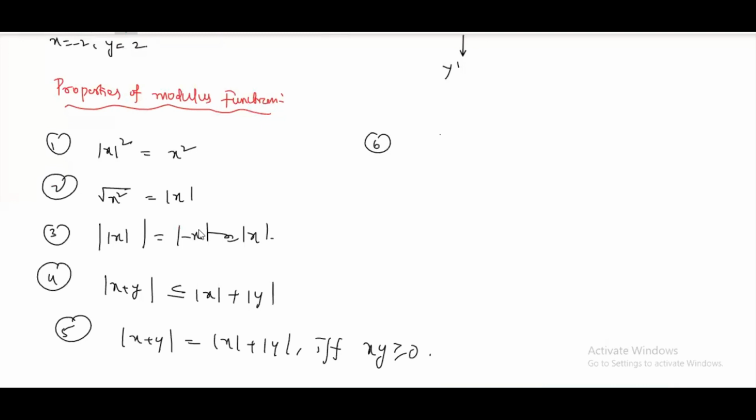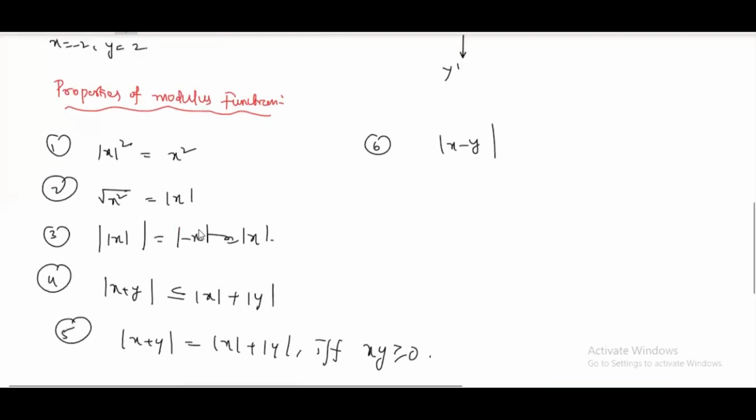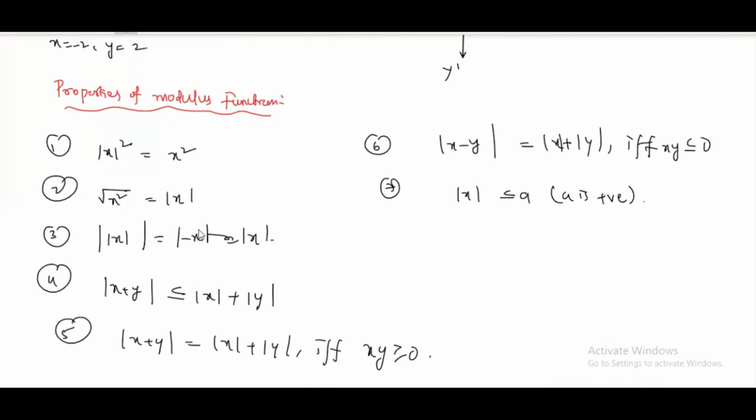Property number 6 is mod of x minus y is equal to mod x plus mod y if xy is less than or equal to 0. If I have mod x less than or equal to a, where a is positive, then x lies between minus a and a, including a and minus a. We can write this as x belongs to the closed interval minus a to a.